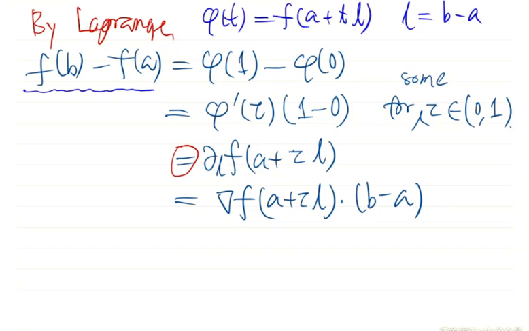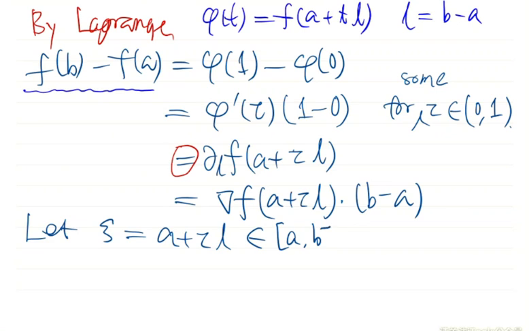So let Xi be the point a plus tau L, which is a point in the segment AB because tau is between 0 and 1.